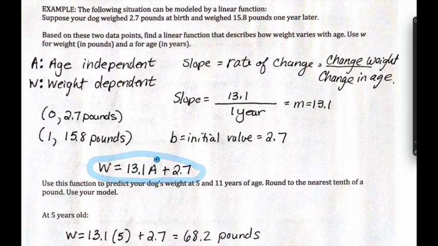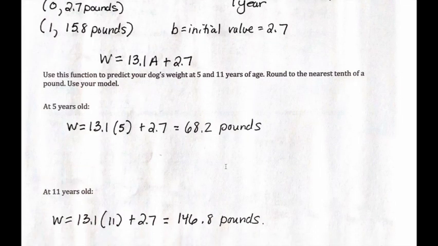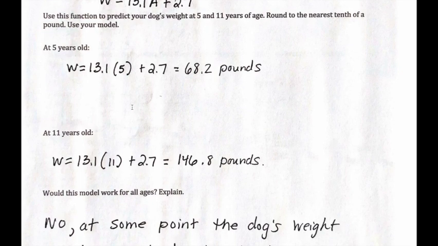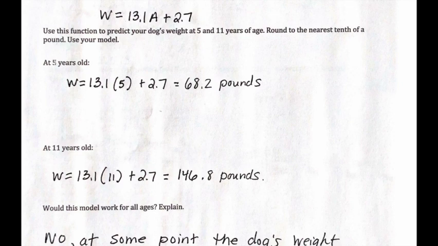So I plug in the age and it gives me the weight. We're going to use this function to predict the dog's weight at 5 and 11 years of age. We're going to round to the nearest tenth of a pound. Okay, so at 5 years old, the age is 5. So we're going to plug in 5 for A. That goes in here.